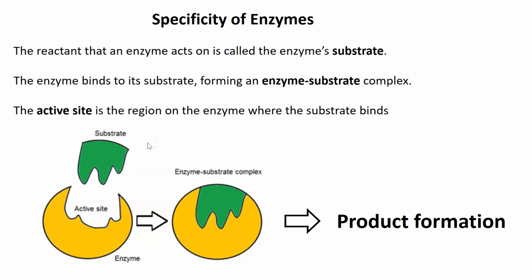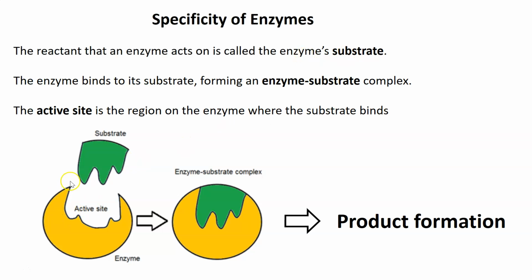Now let's talk about specificity of enzymes. Enzymes, we say, are quite specific in terms of the product they produce. They produce a specific product because they bind specific substrates. So there are enzymes that are said to be specific for substrates.